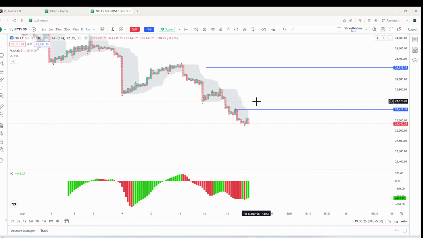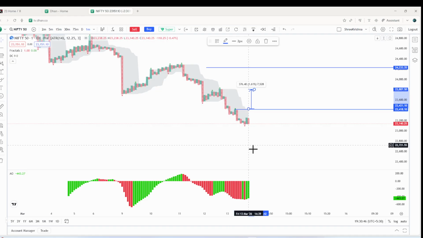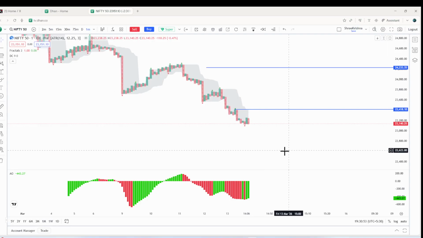Suppose for example, if it gaps up by 200 points tomorrow and runs to 23,811, another 1.6%, so that becomes an anchor column. So we are looking somewhere here, 23,820. Monday's open can become 23,400 and can go up another 400 points.